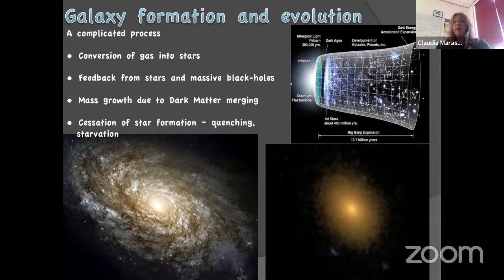As I learned as a student, it was complicated. And although a lot of progress has been made, there are a few processes that are really difficult to probe from first principles. For example, the conversion of gas into stars, which includes a complicated cooling function, metallicity, and especially gas plasma dynamics.